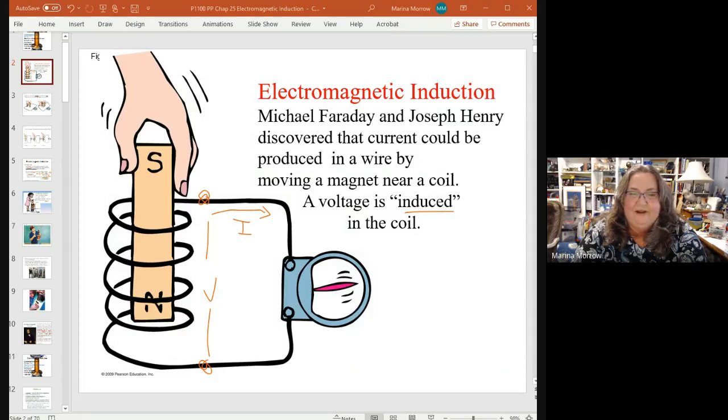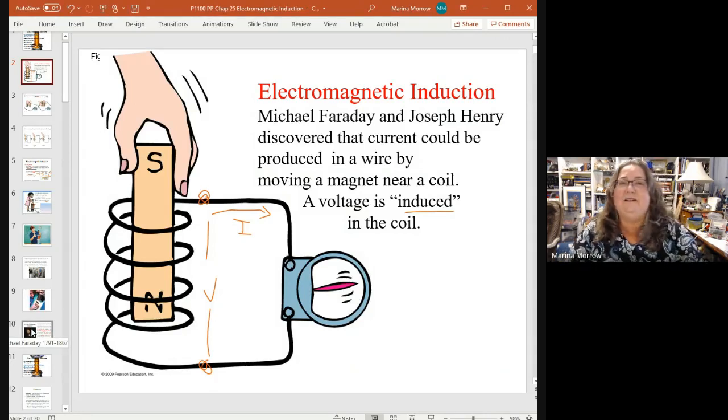So Michael Faraday was an amazing person, and if you watch the TV series Cosmos, there was a wonderful bit about Michael Faraday's life.